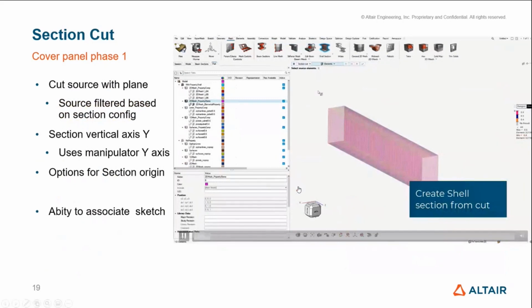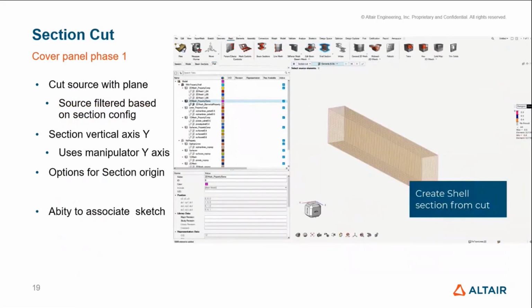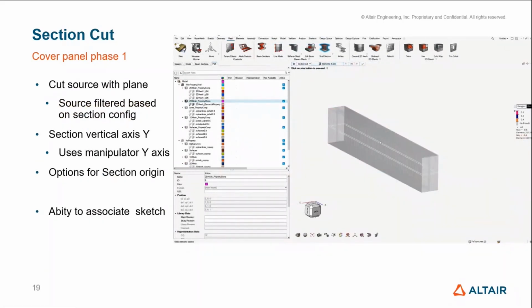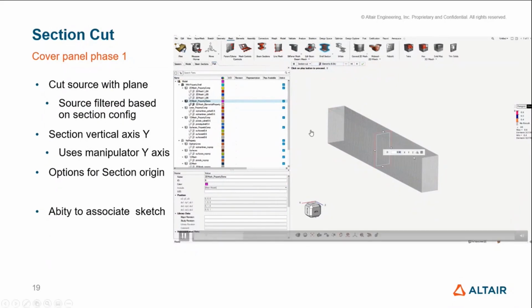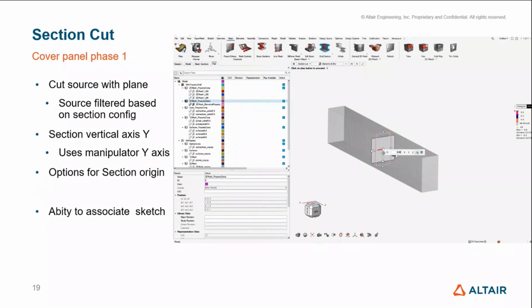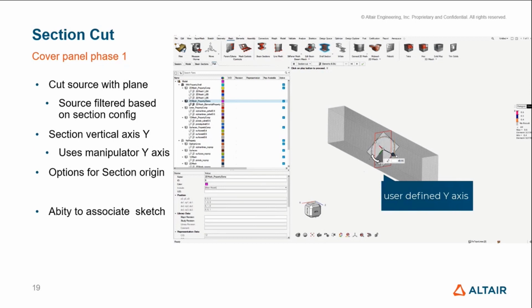So using the same concept as the section property tool, we have been introducing new tools called section cut and planar. Here we select some sources, and you will do a single cut. Worth mentioning that now, using this manipulator, we can define the user-defined y-axis, and your beam section y-axis will match with this user-defined y-axis.